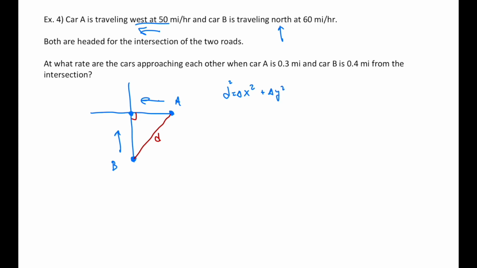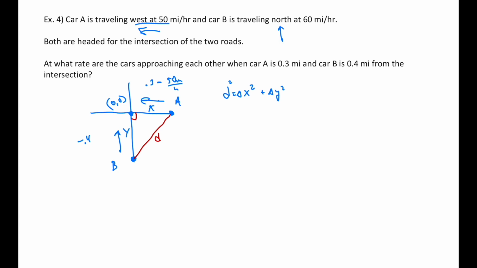I'm going to do the location of x and the location of y relative to the origin 0, 0. Car A starts at 0.3 miles, and that distance is decreasing at 50 miles per hour. Car B is starting at negative 0.4, because relative to 0, 0, I am south.